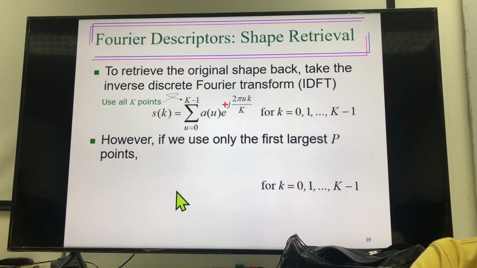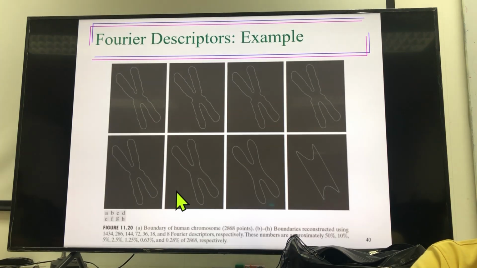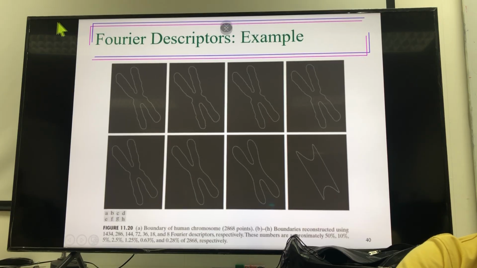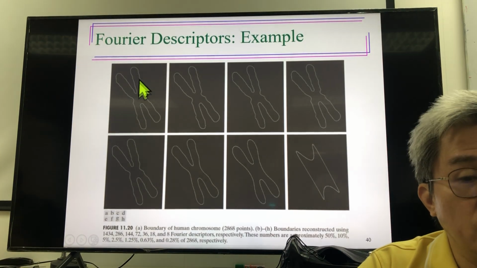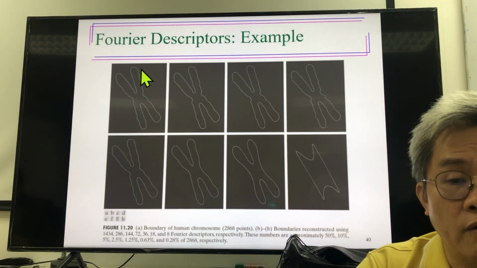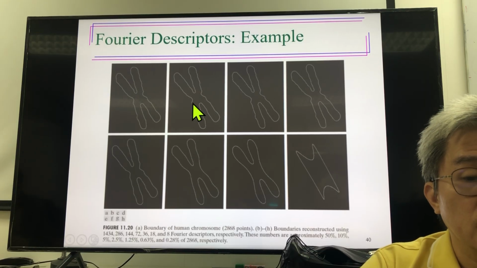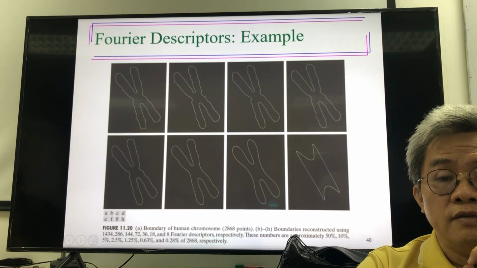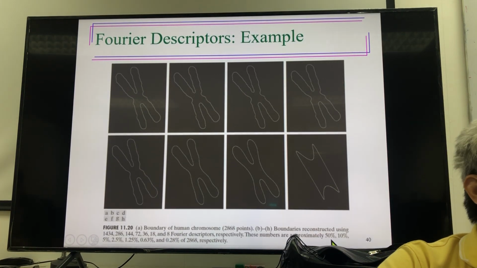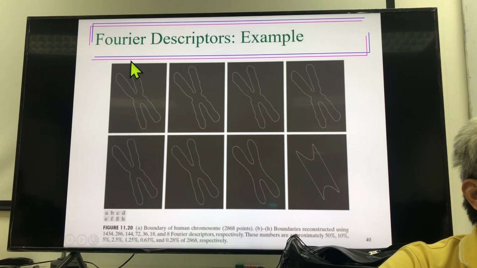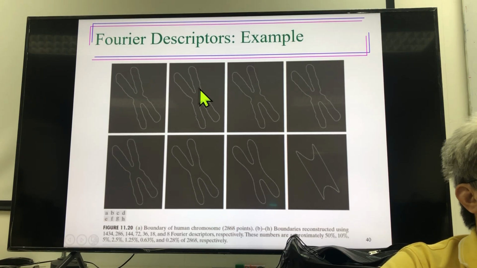Since we use the boundary as the points, this is what we get. You can see this is the original boundary. You get the whole thing back, and this one we use 50% of the points. Suppose you got 100 points, you only use 50 points on the boundary.